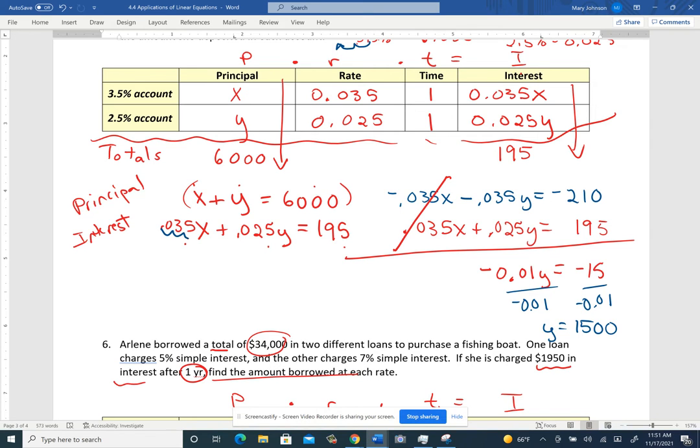You could multiply here by 1,000, here by 1,000, and here by 1,000. But then your equation becomes 35x plus 25y equals 195 with 3 zeros. So you introduce a rather large number, but you could do that.